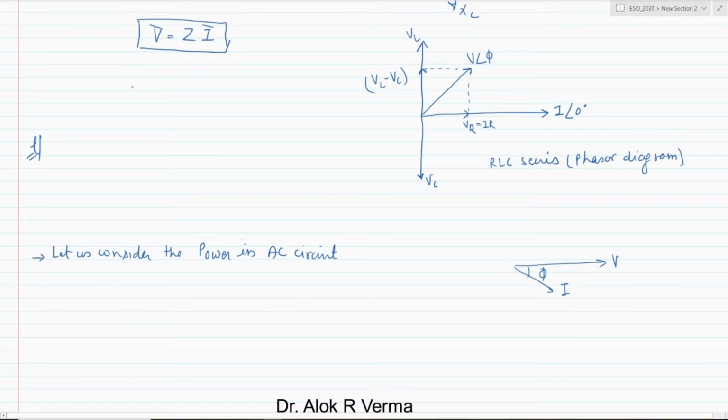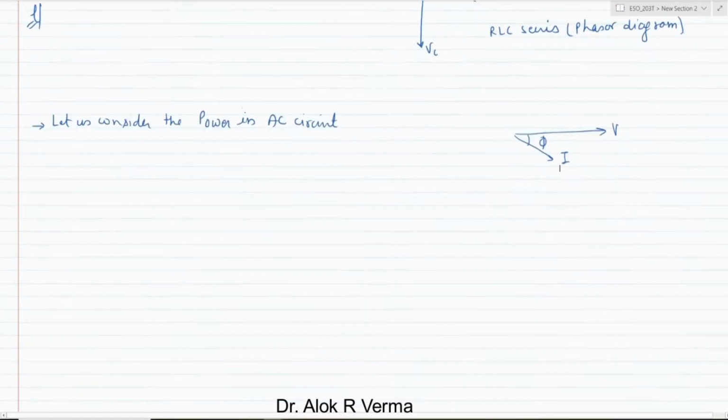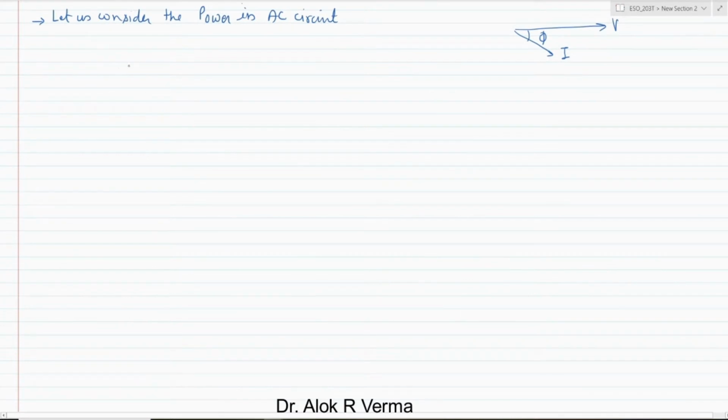Now suppose we represent these quantities in sinusoidal form. So V is nothing but Vm sin omega t, and I is nothing but Im sin(omega t minus phi).